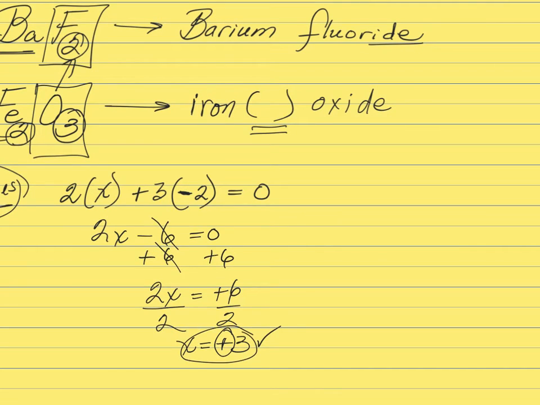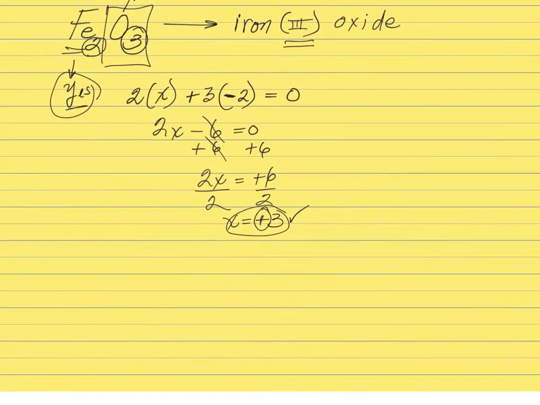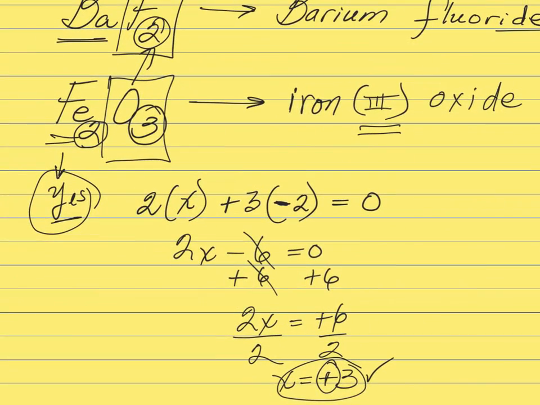What am I going to do with this information? I don't know if you learned this in 4th grade, or if it is still part of the curriculum, but you have to know how to write numbers using Roman numerals. So 3 in Roman numerals is 1, 2, 3, and you put that over there. And that's the name of that compound, iron(III) oxide. In this case, it's super easy.